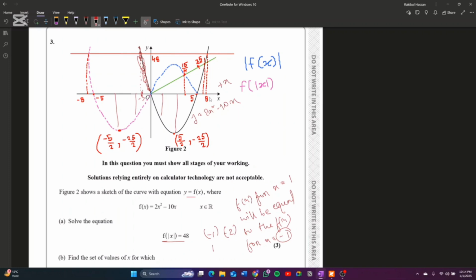This curve mirrors itself from the origin, just like the positive x-axis. Therefore, since we know that at the 8th unit this curve cuts the line y equal to 48, along the negative x-axis it will be the negative 8 mark that will cut the y equal to 48 line.